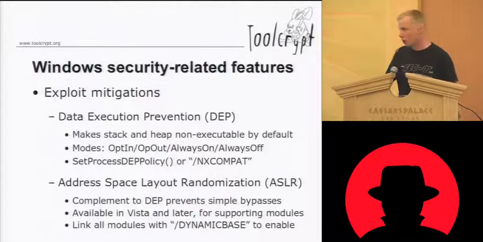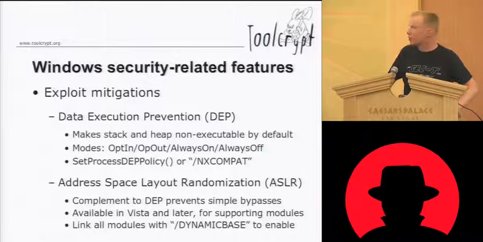So you can no longer insert shellcode in the buffer that overflows the buffer on the stack. So it basically sets the executable bit only on memory pages that contain executable code.